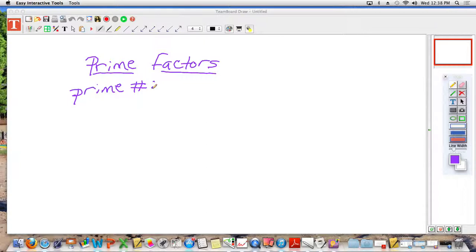Yes, a prime number is a number that is divisible by one and itself.